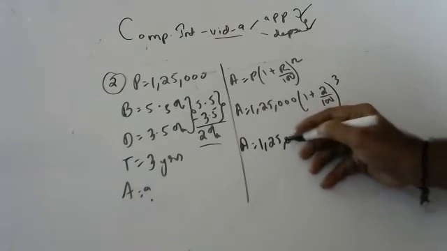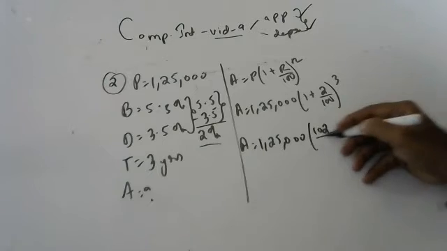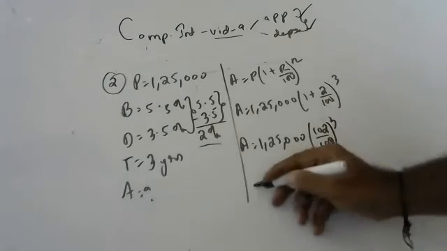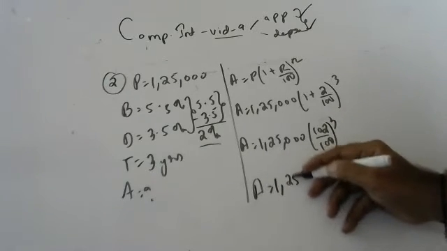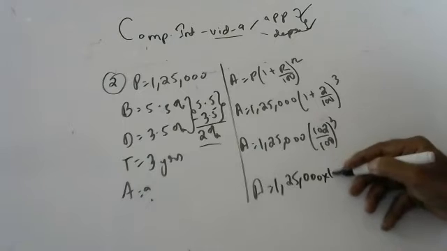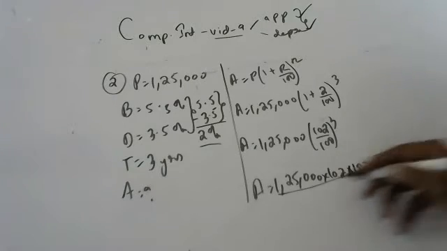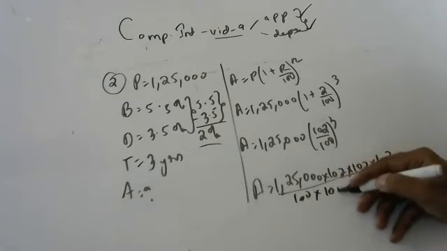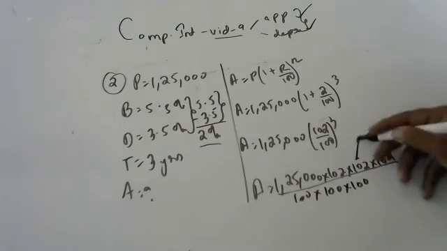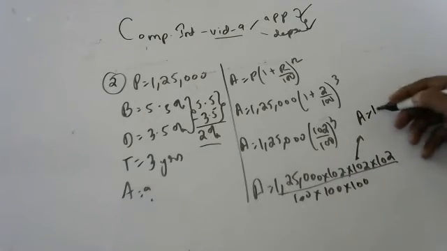A is equal to 1,25,000 into 102 into 102 into 102 by 100 into 100 into 100. Sir, the final answer is 1,30,050.